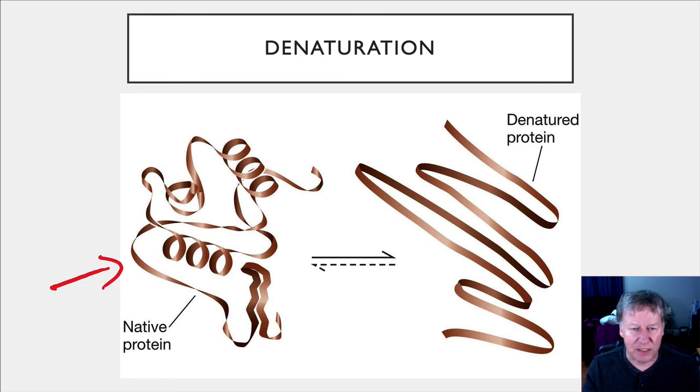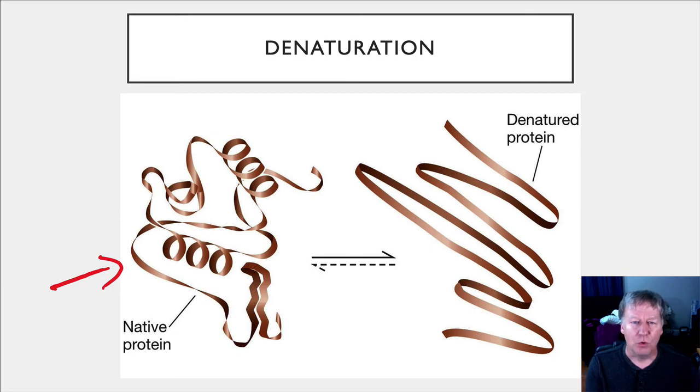You can see twists and curves that are tertiary structure. There might be quaternary structure if this was actually two different molecules. Can't really tell right now, but we have a protein that functions. And remember, its function depends on that shape. If you change conditions for a protein enough, something called denaturation can occur.